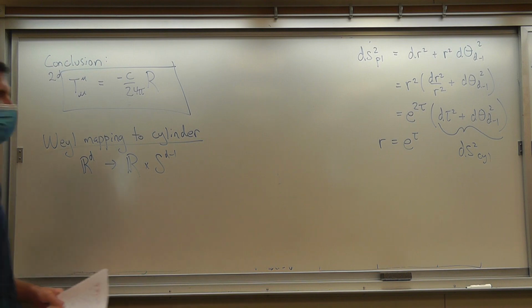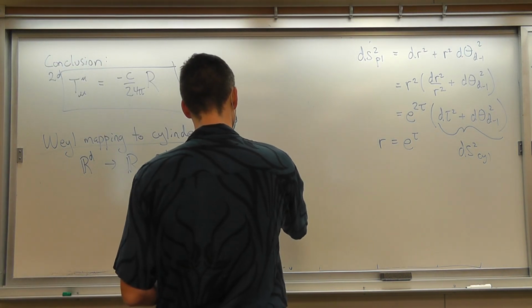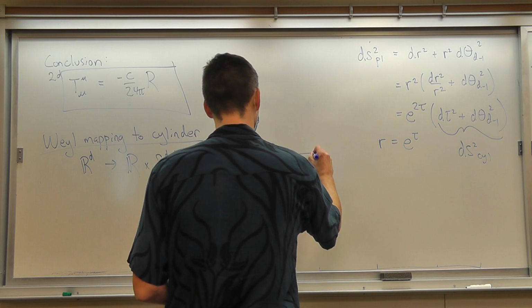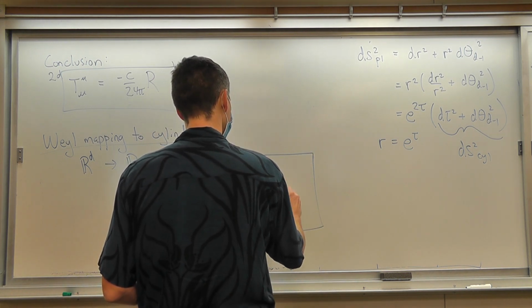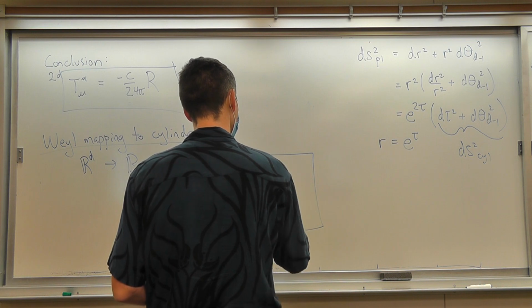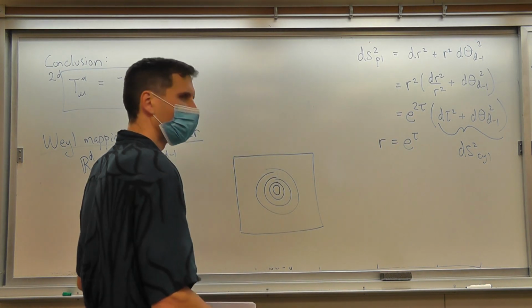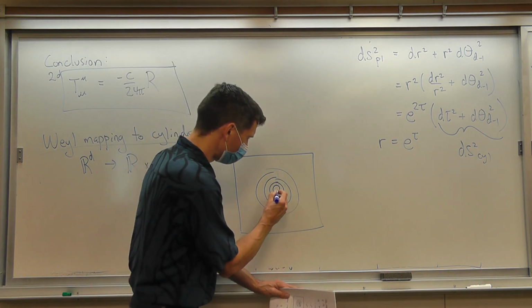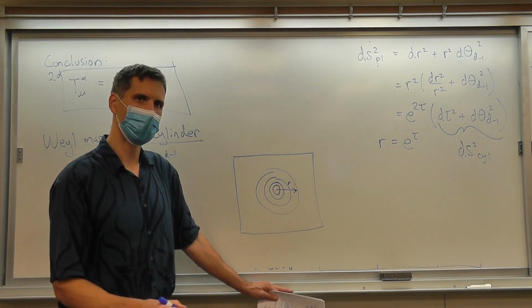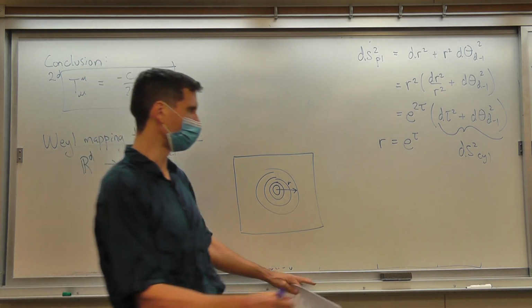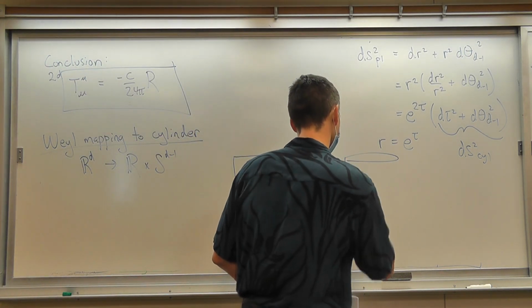In pictures, it's pretty simple what we just did. We took Euclidean space, we took a bunch of spheres around the origin, so R goes this way, and we just sort of blew them up into a cylinder.